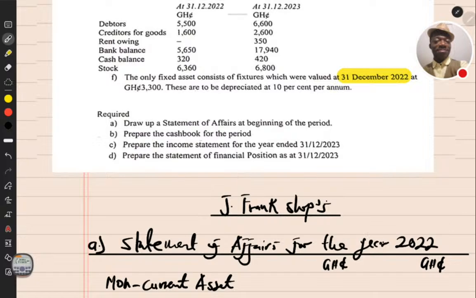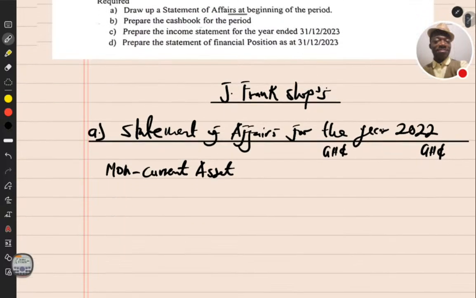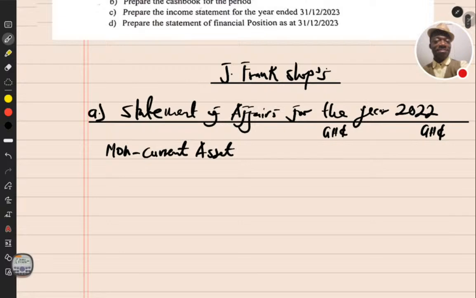So once we bring that here, we need to charge the depreciation, right? So we'll have fixtures, and the cost for fixtures was valued as 3,300. The next thing we want to do is to less depreciation. We'll call this more like an accumulated depreciation.